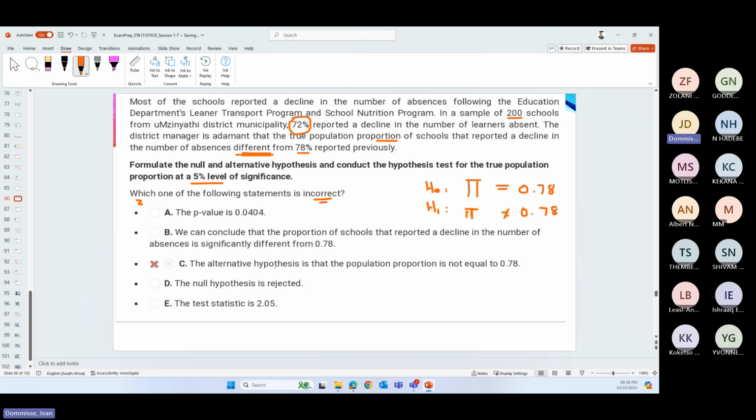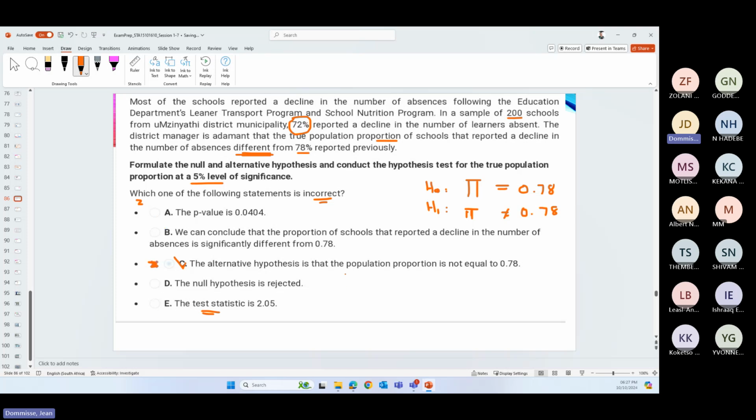The alternative hypothesis is that the population proportion is not equal to, so that one is correct because we've seen it's not equal to. The null hypothesis is rejected, we will need to work that out. And there is also the test statistic that we will work out. So A and E will again be linked.